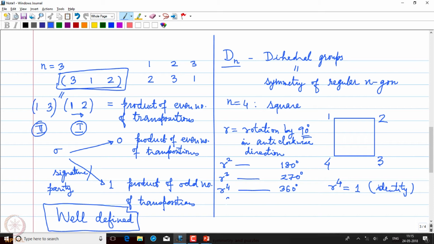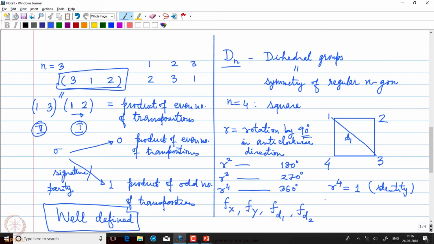You can actually flip it about x-axis. Yeah, it will again remain a symmetry. You can flip it about y-axis, that will remain a symmetry. You can flip it about diagonal, say this diagonal is d1, another diagonal d2. So you can do all these operations.